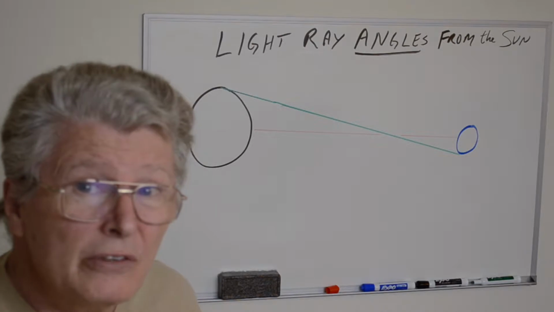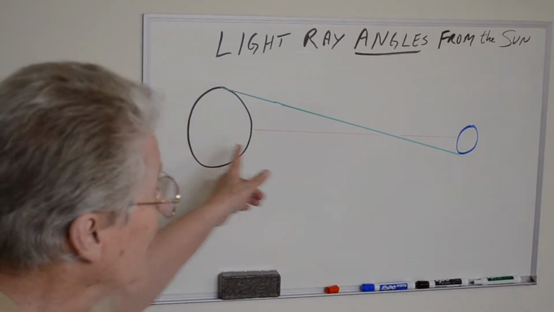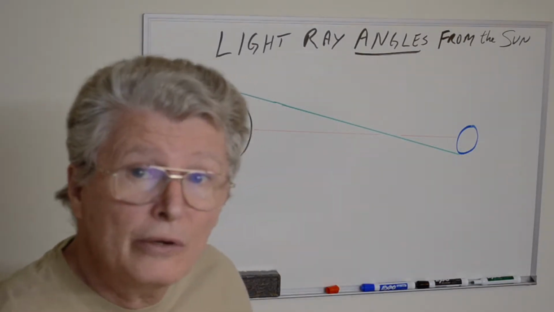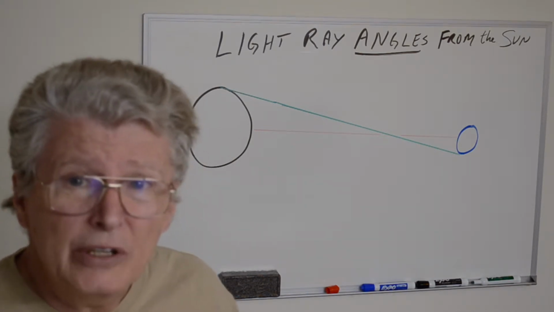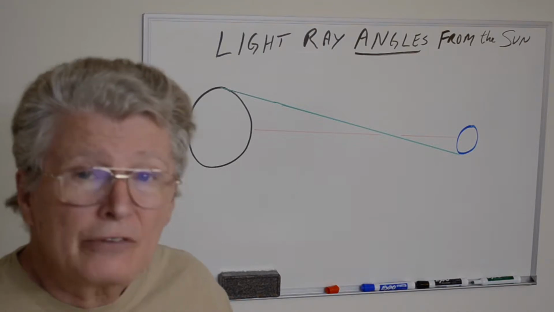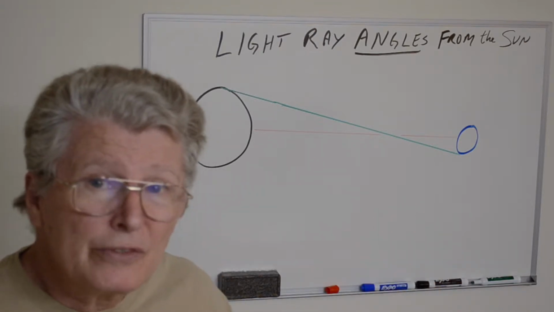A light ray that is going directly from the sun to the equator, or the center of the earth, will be at 90 degrees relative to the vertical axis of the sun.